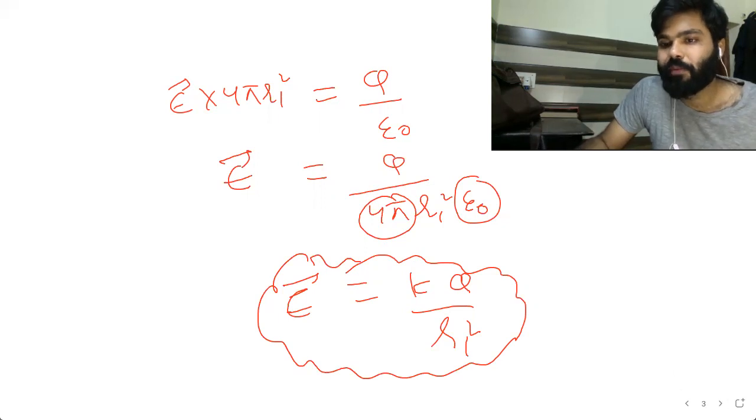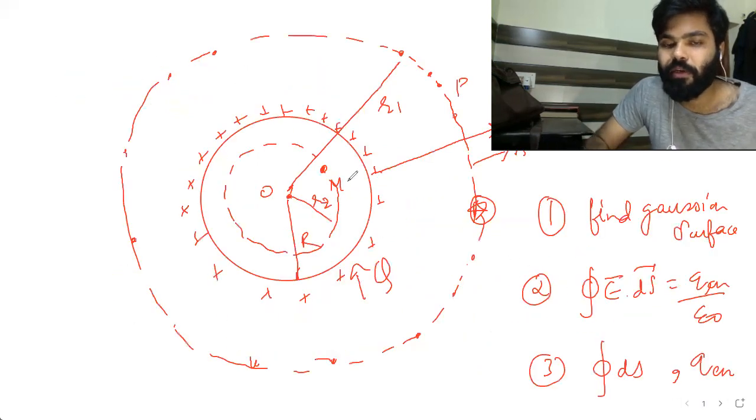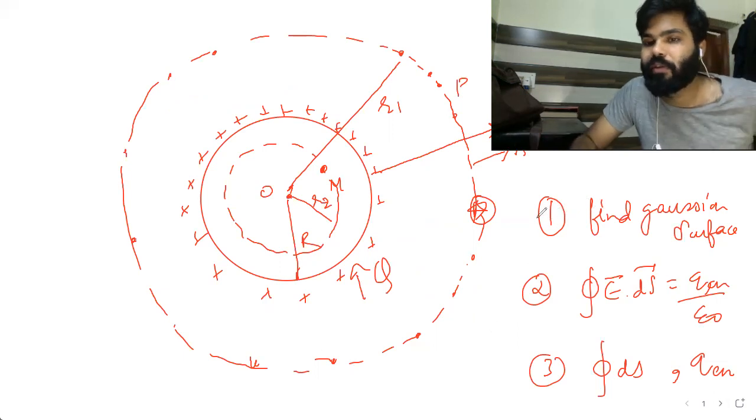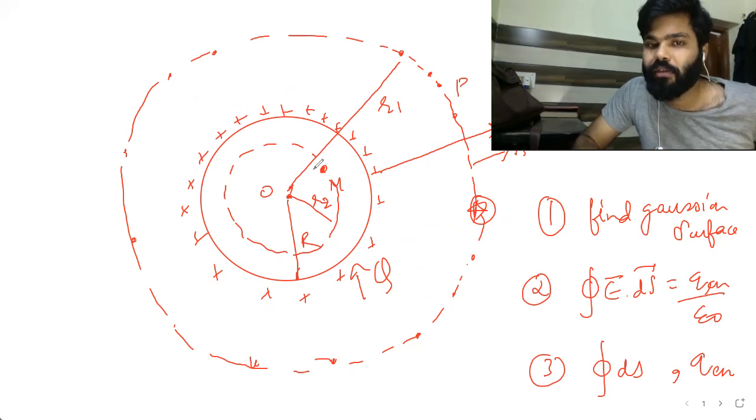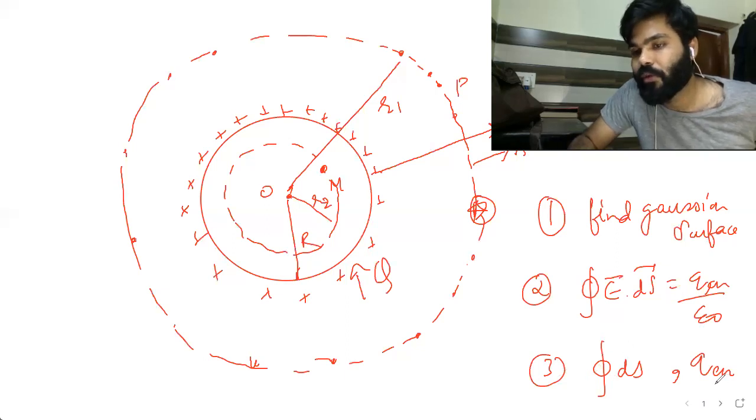Now this time you have to calculate electric field at point M. So the first step is finding Gaussian surface, and in this case the Gaussian surface is once again a sphere, and then applying mathematical formulation of Gauss law that flux is q enclosed by epsilon naught, and the third step is finding integral of ds and q enclosed.